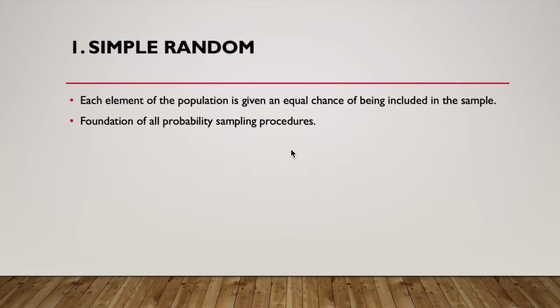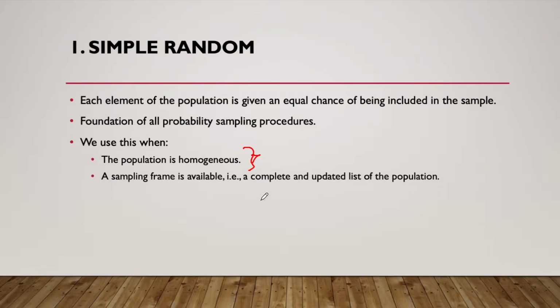Now, when will we use this? We have two conditions. We use this when the population is homogeneous, meaning they are the same when it comes to the characteristics of the variable that you're looking to gather, and a sampling frame is available.